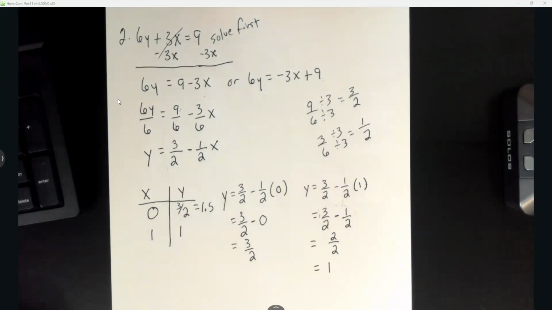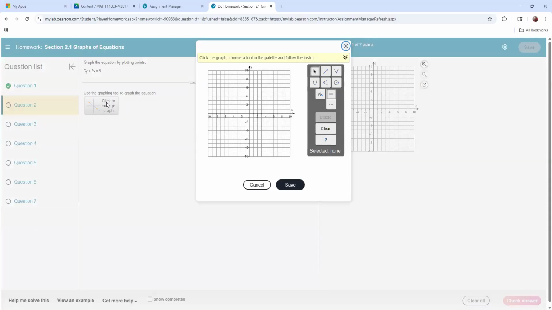All right, so we're going to click to enlarge our graph. That's still a line tool, so click the line tool. My first point was 0 for the x. My y value was 1.5. Now watch that little yellow band as I move.